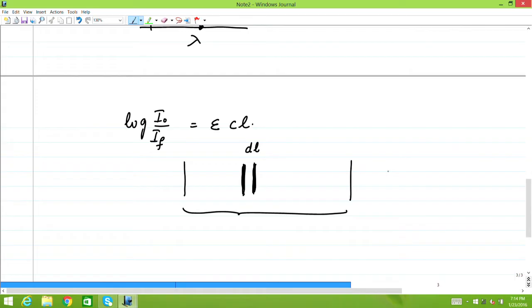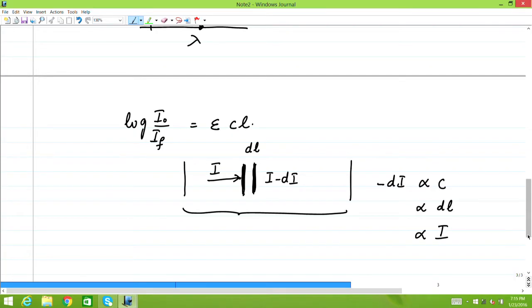So what you do is you take the differential. If I is the intensity at this point and I minus dI is the intensity of light that is emitted passing through dl, then you can write minus dI as roughly proportional to the concentration, proportional to dl, and obviously also proportional to the intensity of light that falls on it.